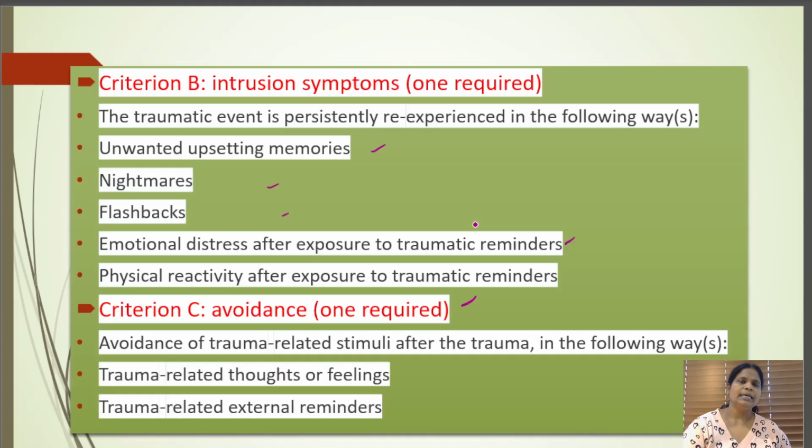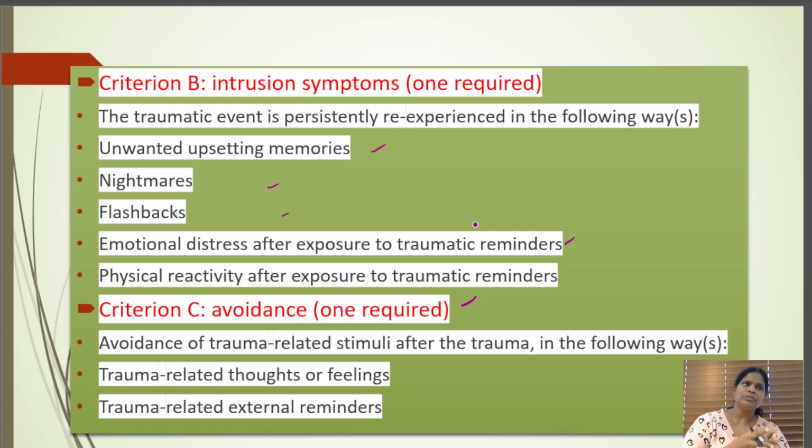That's what it says. Next, coming to criterion B, intrusion symptoms. At least one is required from this. Intrusion symptoms may be unwanted upsetting memories, nightmares, flashbacks, emotional distress after exposure to traumatic reminders, and physical reactivity after exposure to traumatic reminders.